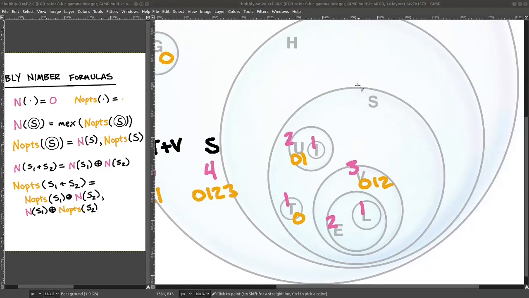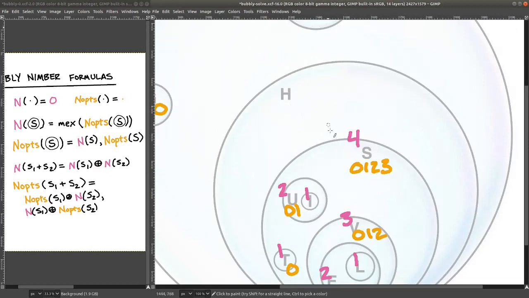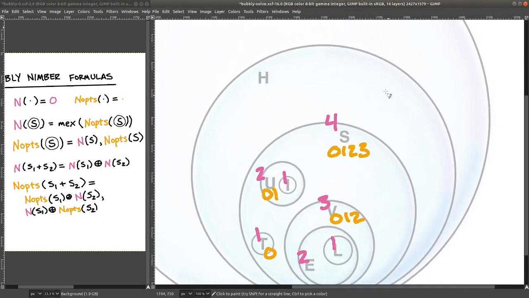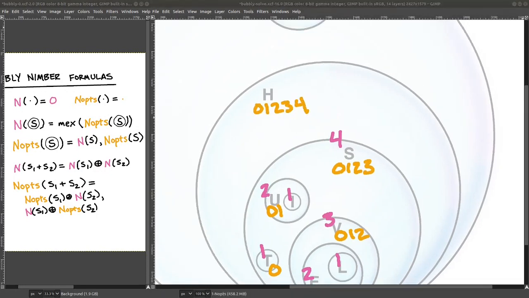Copy that over. Right, so H is just a single bubble around S, so H's orange numbers are S's pink and orange numbers, 0, 1, 2, 3, 4, and this pink number is 5.